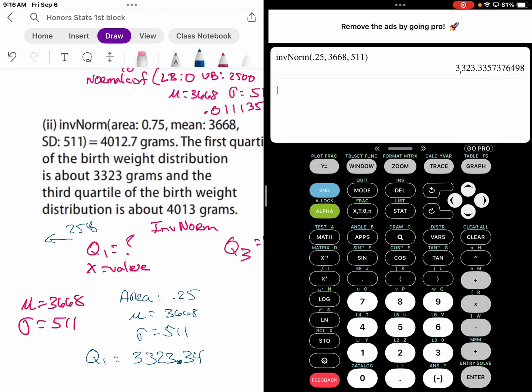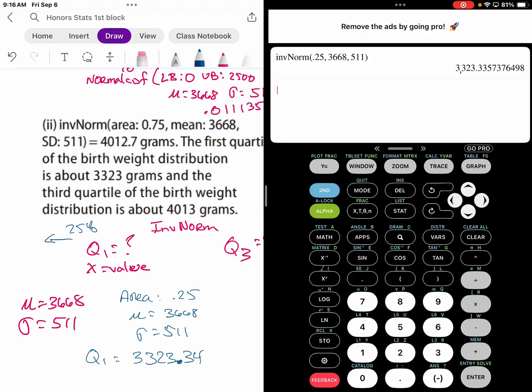Now, when you do the next one, it depends on if you're using the Calc 84 app or the TI calculator. You could technically say 25 to the right, because that is what's to the right of quartile 3. Or you could use 75% or 0.75 if you want to stay with the left. Again, you only have that option when using the handheld calculator.